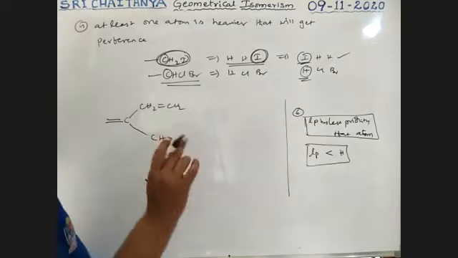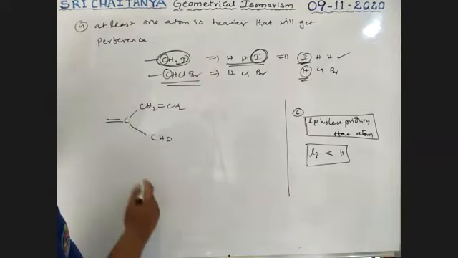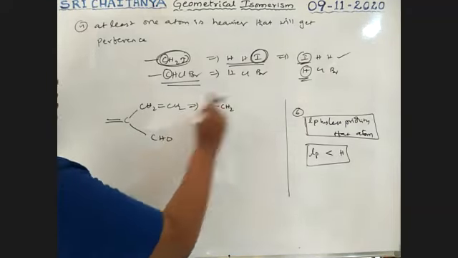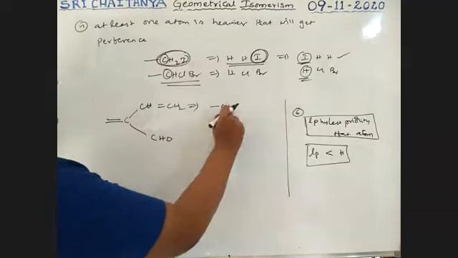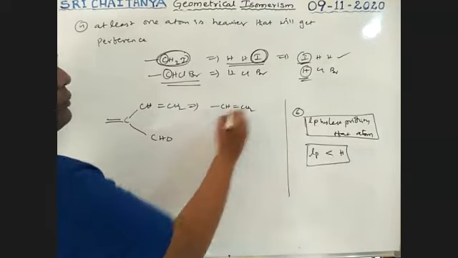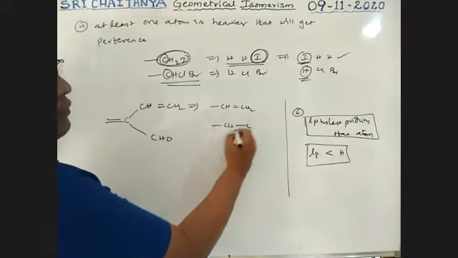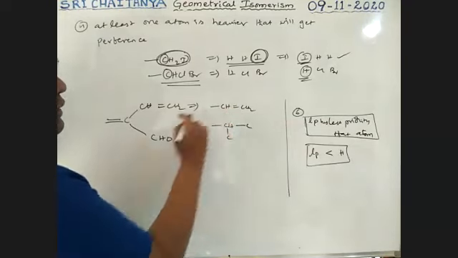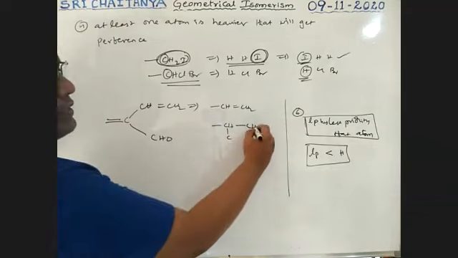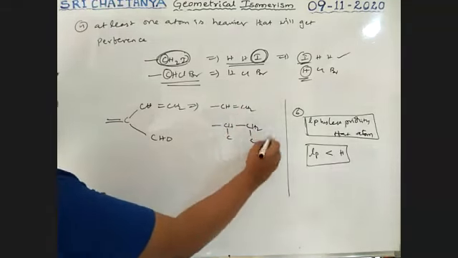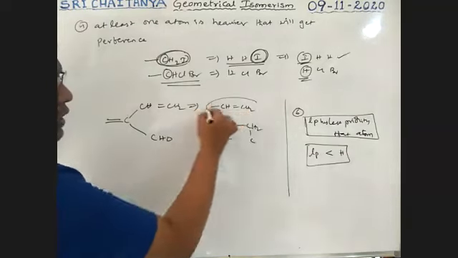Among these two groups, which one is more prior? This is nothing but CH. CH double bond CH2. That is a CH. So two bonds, one bond with carbon, another bond also with carbon. Two bonds. It is a CH2. So this is two bonds with carbon, one with carbon. So these two are same.